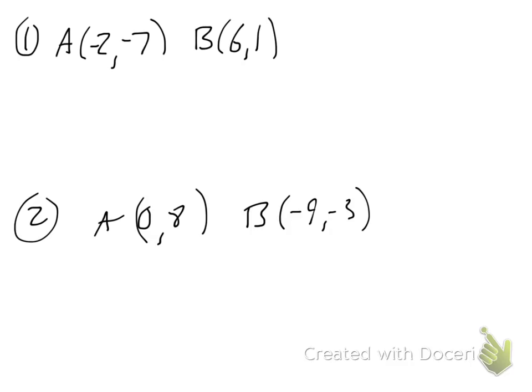So first up, I have these two sets of points, and I want us to find the vector of these points. Now we're all going to assume that it's A to B. So remember, vectors are different.